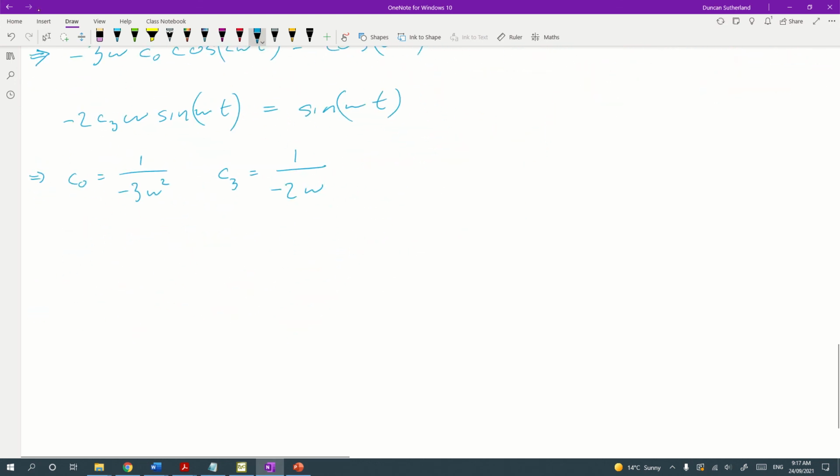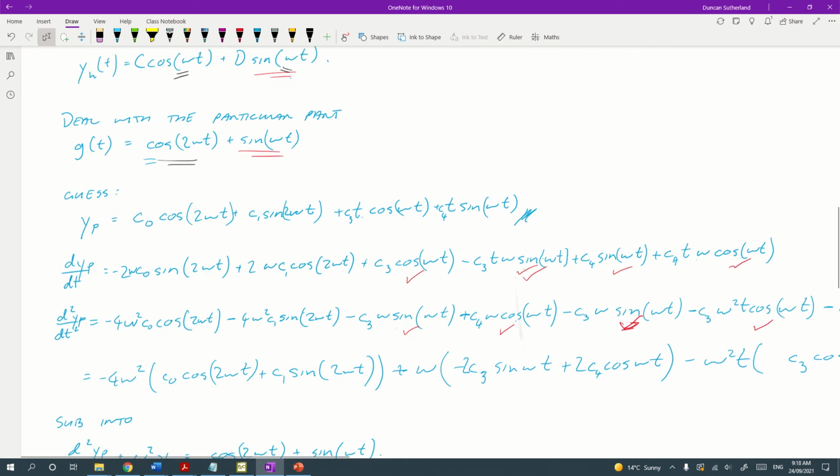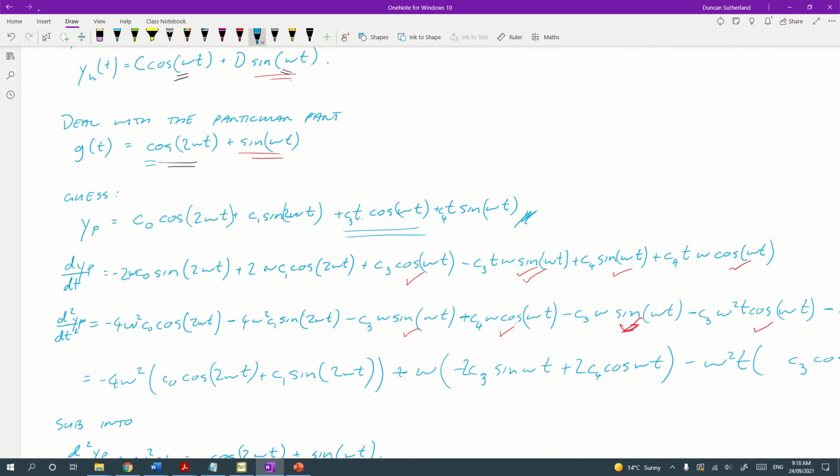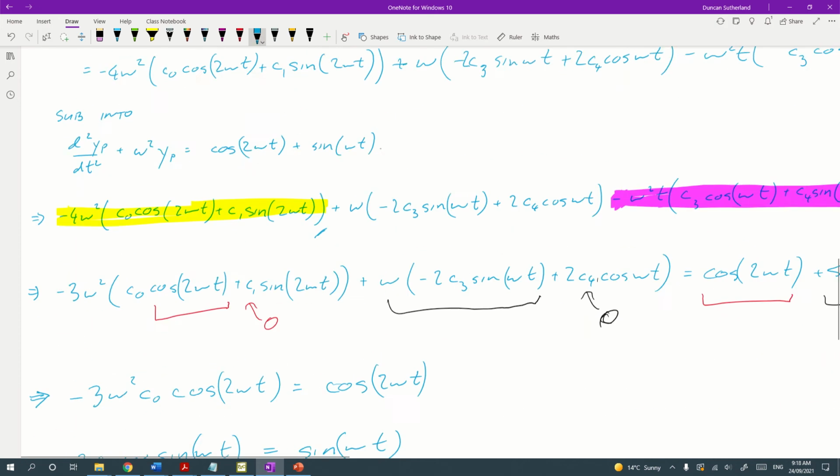We now have to back substitute, so our yp is equal to minus 1 over 3 omega squared cosine 2 omega t minus 1 over 2 omega t cosine omega t. Right, so we look to see which term the C3 is associated with in our original guess. Just way up here, C3 is the t cosine term.